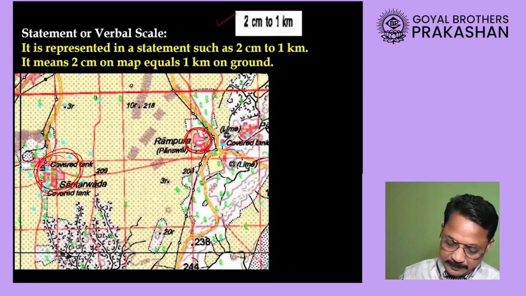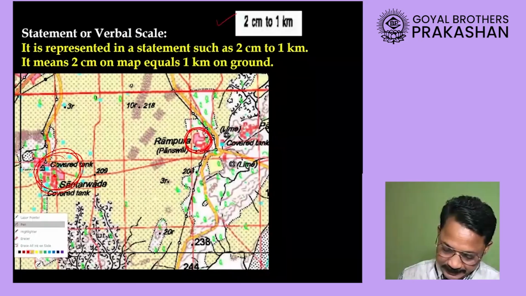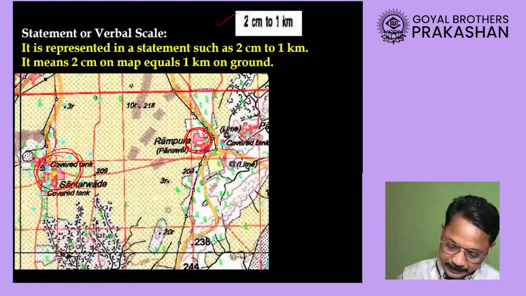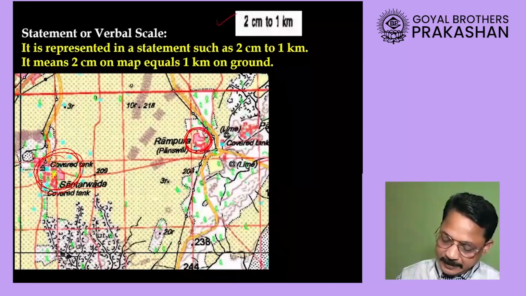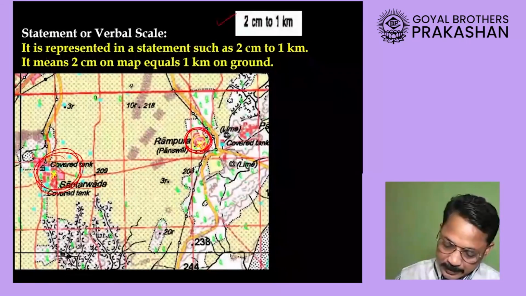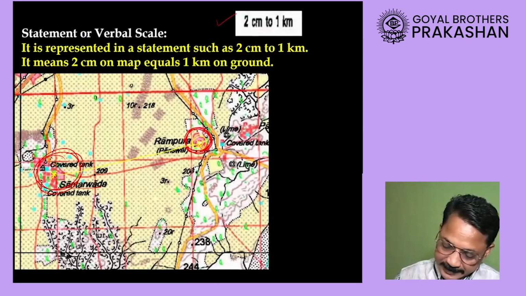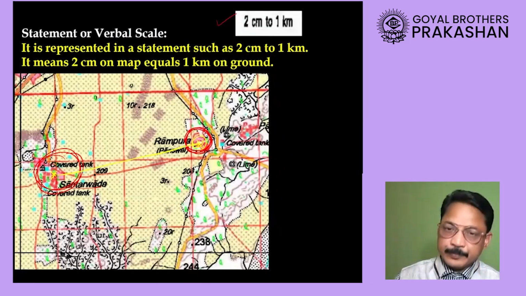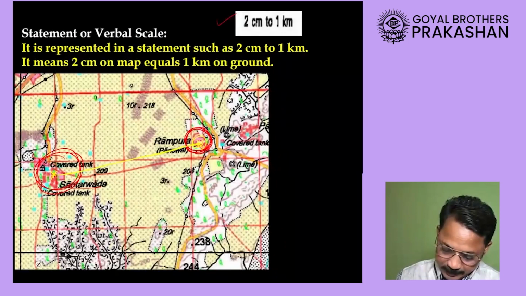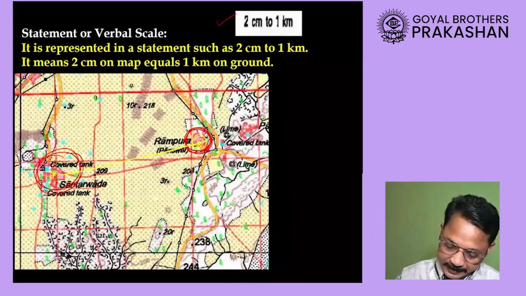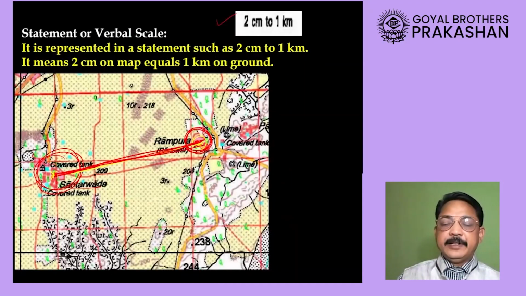So what we will do, we will take the middle point of this town. I repeat, we have to take the middle point of this town Santarwada, and we will take the middle point of this town Rampura, and we will keep our scale directly between these two places. We'll put an actual scale, our ruler that we find in our compass box, between these two places. And then we will check how much is the distance between these two places using our scale.